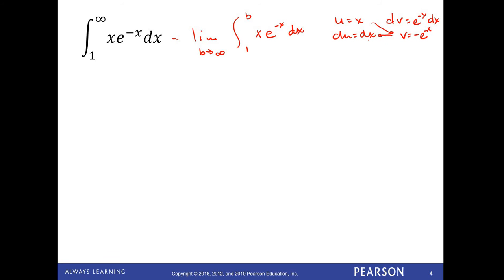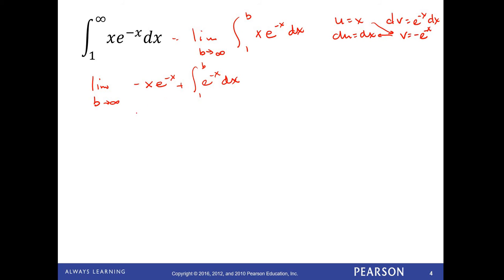Using my integration by parts, I'm going to rewrite this as the limit as b approaches infinity of negative x e to the negative x, minus, but I've got another minus sign here, so it's going to be plus the integral from 1 to b of e to the negative x dx.